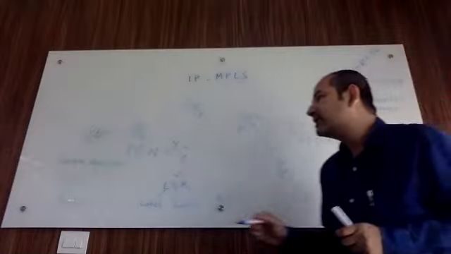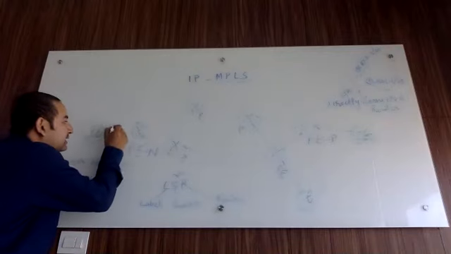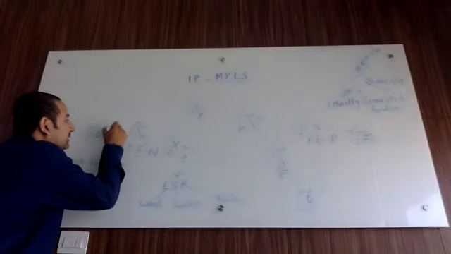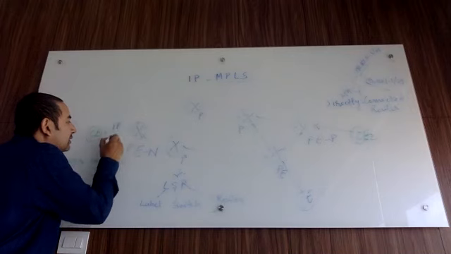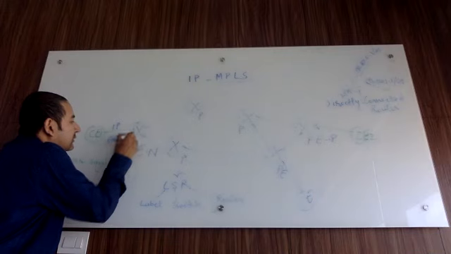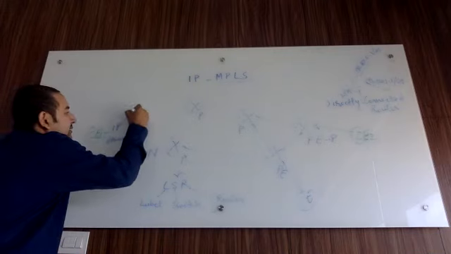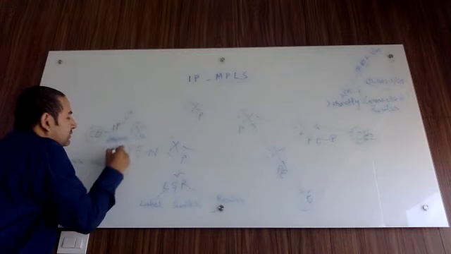Now what happens is this CE is connecting to this router and this link is either an IP link or an Ethernet link. The difference between an IP link and an Ethernet link is that an IP link is L3, an Ethernet link is L2.